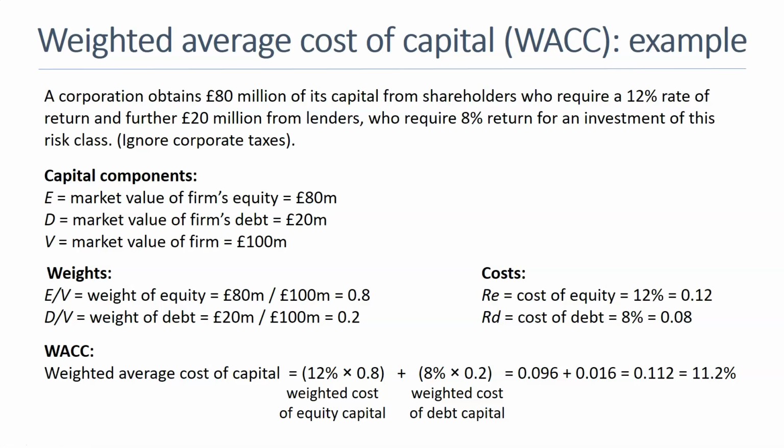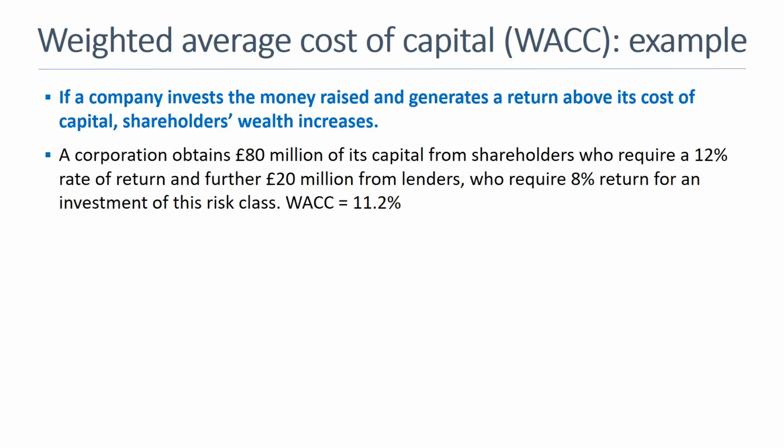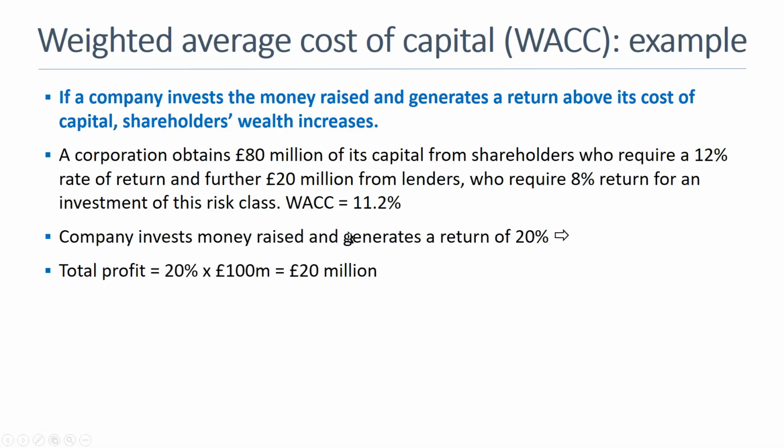What does it mean? How to interpret this number? Let me give you an example. As I mentioned, it is critical that the company generates a return above its cost of capital in order to increase its shareholders' wealth. So in this particular example, let's imagine that the company invested the money which it managed to raise and generated a return of 20%.